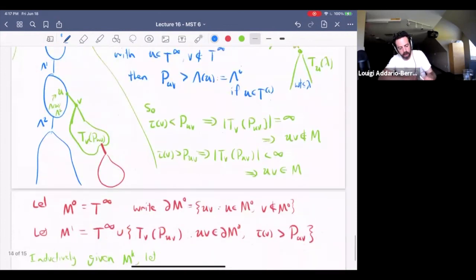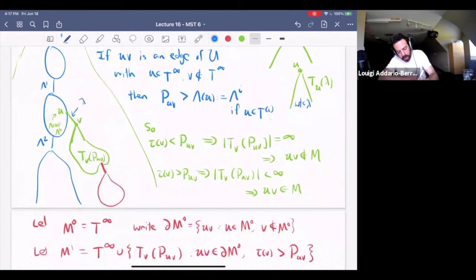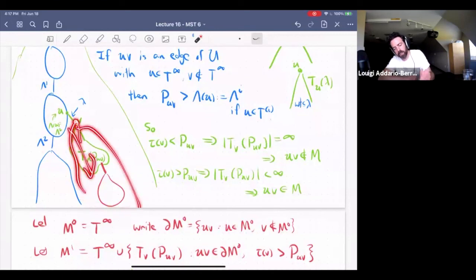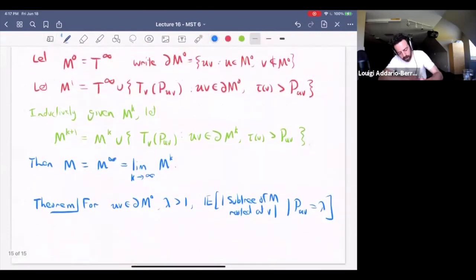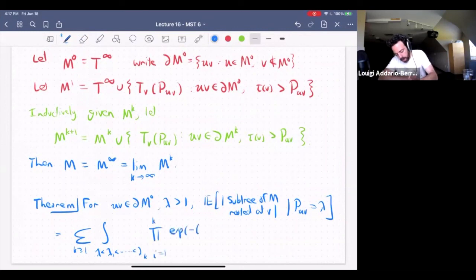So I'm saying I tell you this value is lambda, and I ask for the expected size of all of the layers that get added after that, all of the descendants of V in the whole tree M. Then that's the sum over k at least 1, integral over lambda 1 less than lambda 2 less than ... lambda k, and then the product for i from 1 to k, e to the minus lambda i minus lambda i hat.